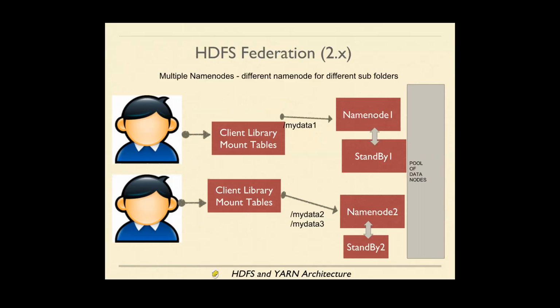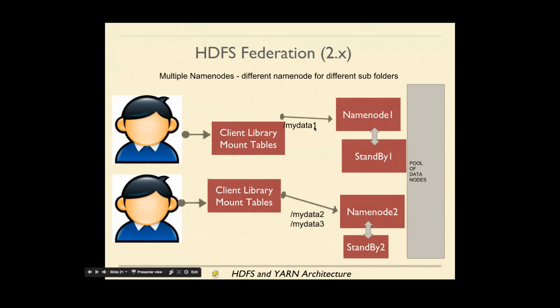Let me repeat Pradeep's question. One client checks multiple name nodes in different machines to read a file until it gets the file to read. Okay, let me explain again. It's a folder level mapping.